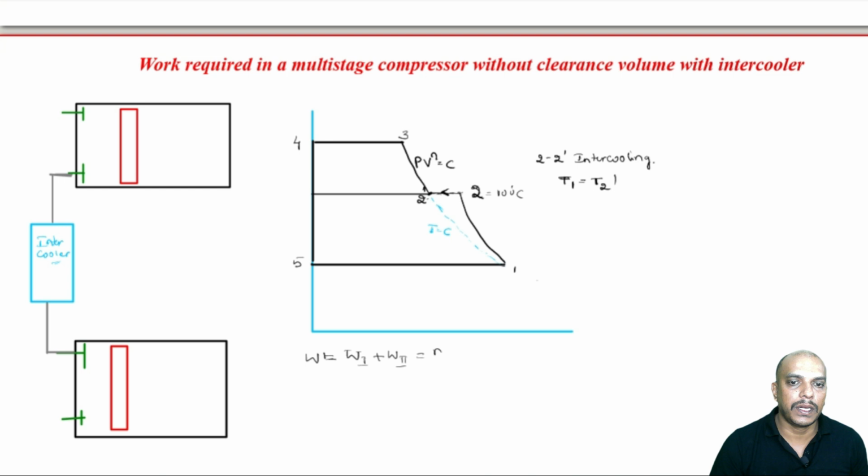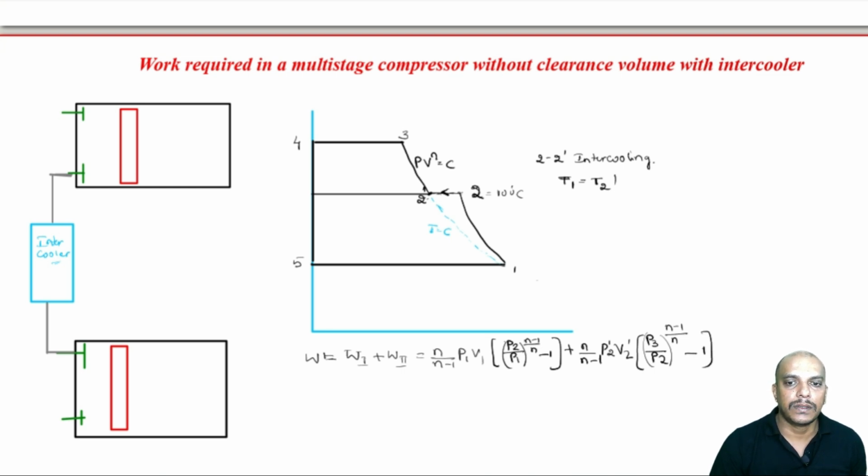That can be rewritten as n by n minus 1 P1 V1 into the pressure ratio of the first stage, P2 by P1, whole power n minus 1 by n, minus 1, plus the second stage n by n minus 1 P2 dash V2 dash into P3 by P2, the pressure ratio in the second stage, power n minus 1 by n, minus 1.